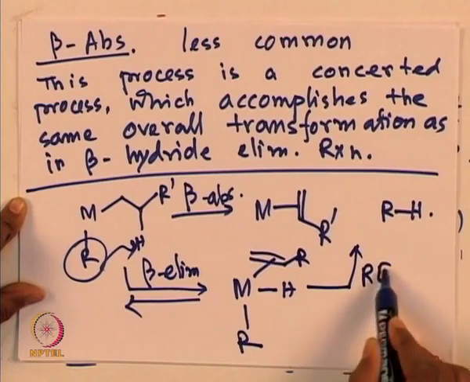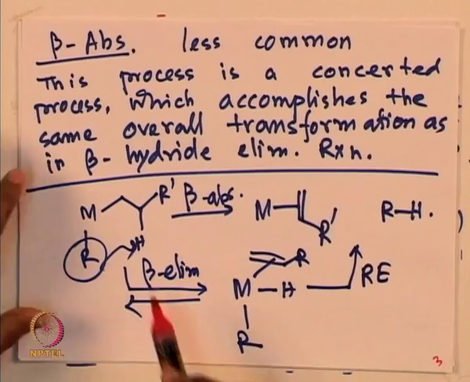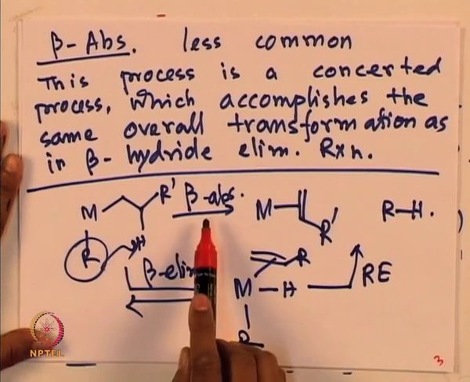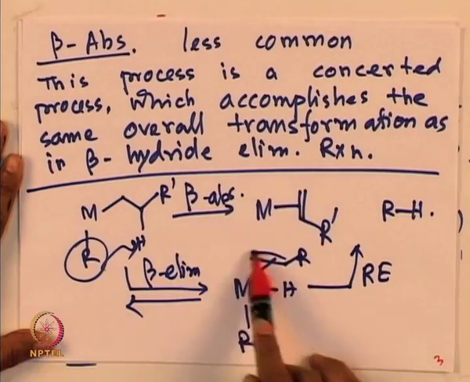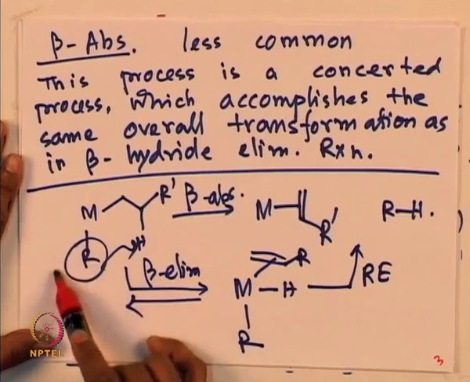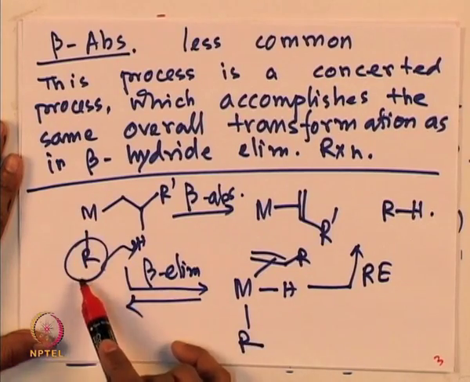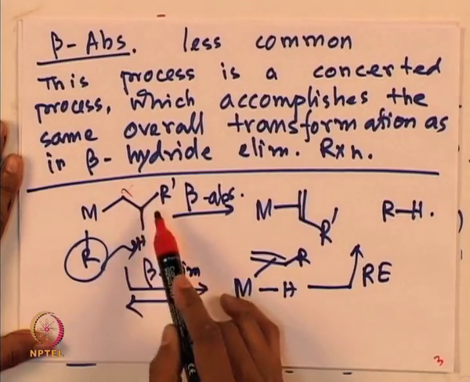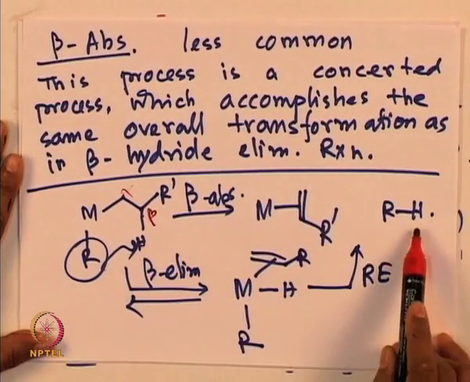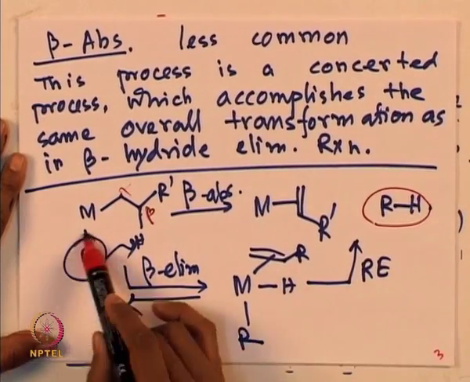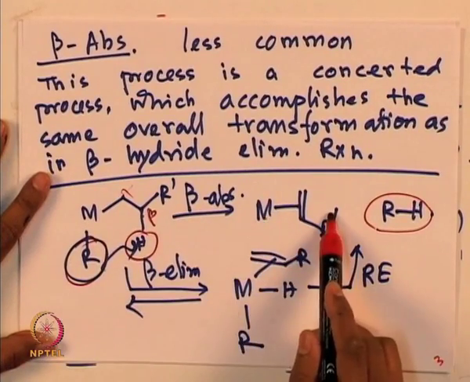Subsequent reductive elimination should give you this intermediate. So as you see, it's exactly similar. For beta abstraction, you do not have any metal hydride intermediate involved. It's the base, one of the alkyl groups or one of the moieties on the metal center, directly abstracting the hydride from the beta position and giving you RH in the process, this R and this H, without any metal hydride bond formation.